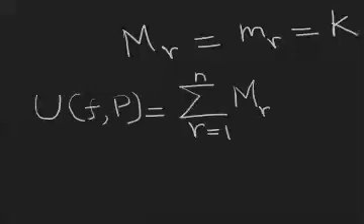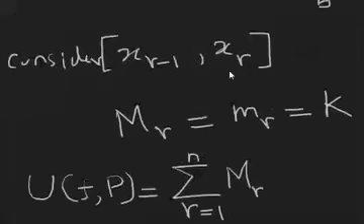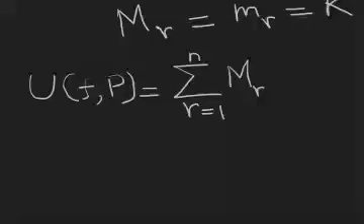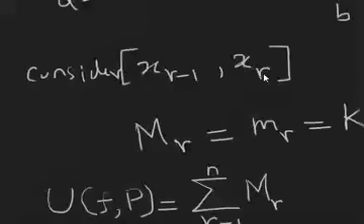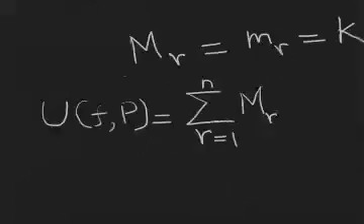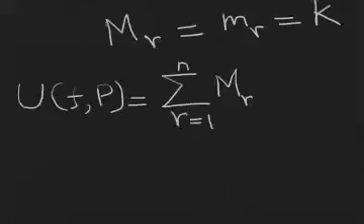That means the width of this general subinterval. The width is x sub r minus x sub r minus 1.